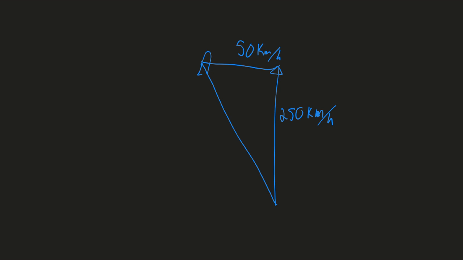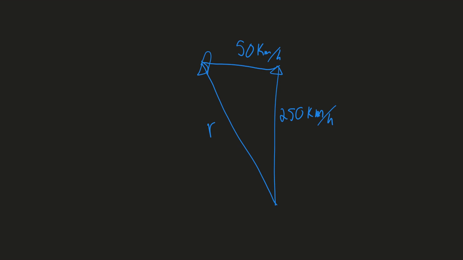So we have 250 km per hour to the north, and then we have a wind pushing west at 50. So we're going to get a resultant that looks like this.